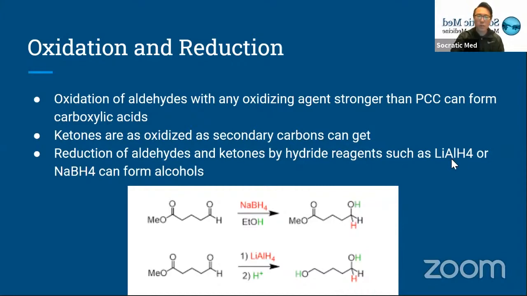When you use the reducing agents on an aldehyde, it would form a primary alcohol again. And when you use the hydride reagents on a ketone, it would form a secondary alcohol. On the bottom, as you can see, this is the reduction of an aldehyde back into a primary alcohol.